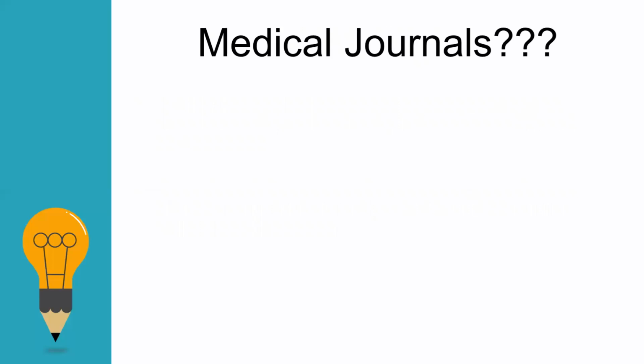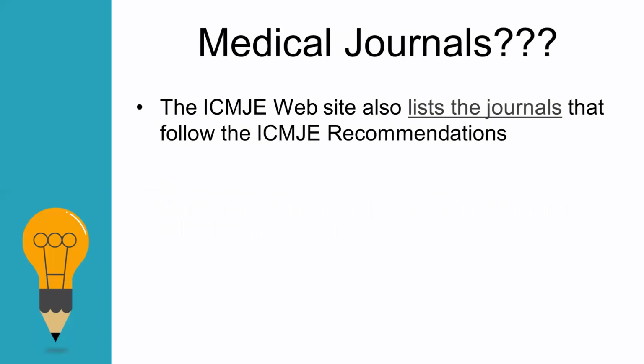In medical journals, what is being followed? The ICMJE website also lists the journals that follow the ICMJE recommendations, and this is what is followed in most of the medical journals. You can go through the recommendations on their website.